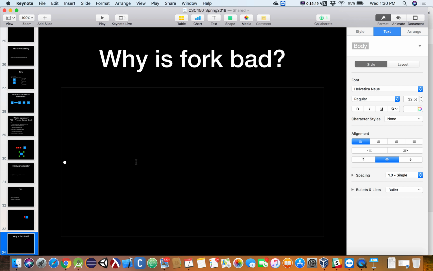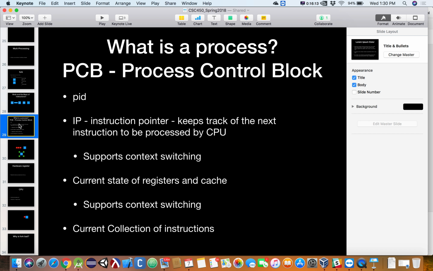Why is fork bad? What are some of the downsides of creating a new process control block? That's really at the crux of it. It's duplicating all the resources, right? Now, this might not seem all that impressive to us, but there's a lot of stuff we're storing as part of the PCB.